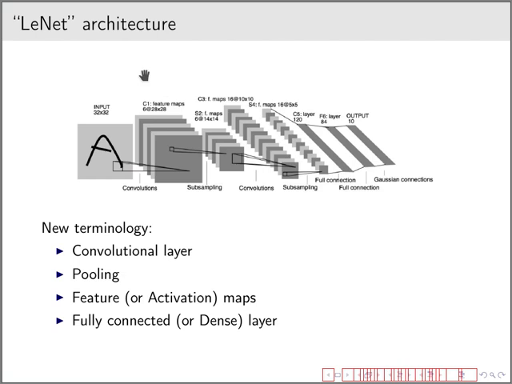This architecture was proposed for digit recognition, and in this case it has 2 convolutional layers, 2 pooling layers, and 3 fully connected layers. And we are going to describe that.